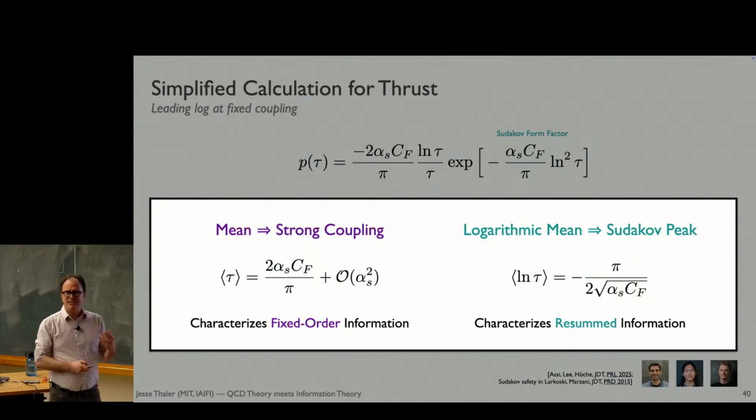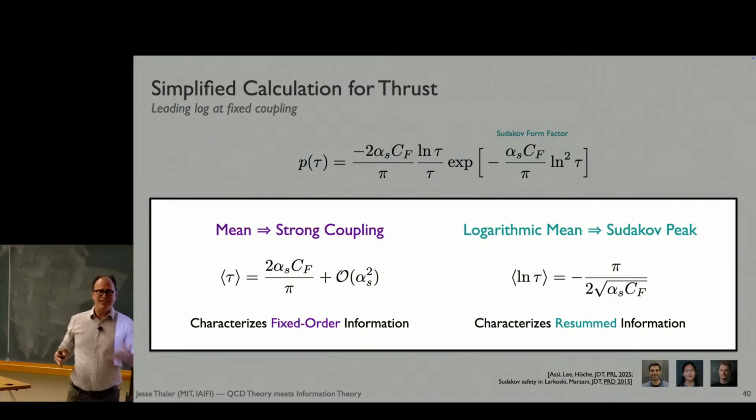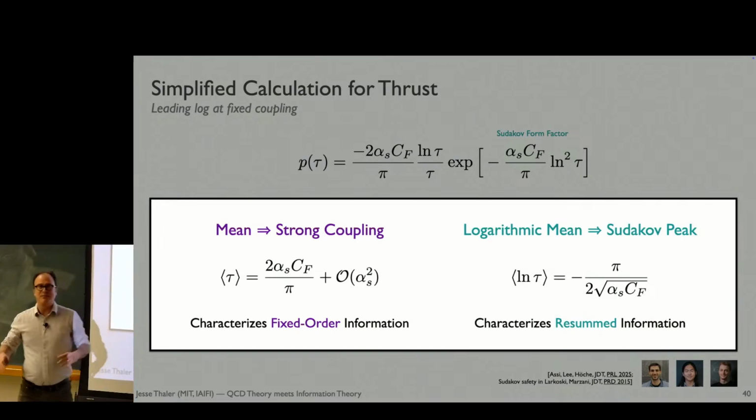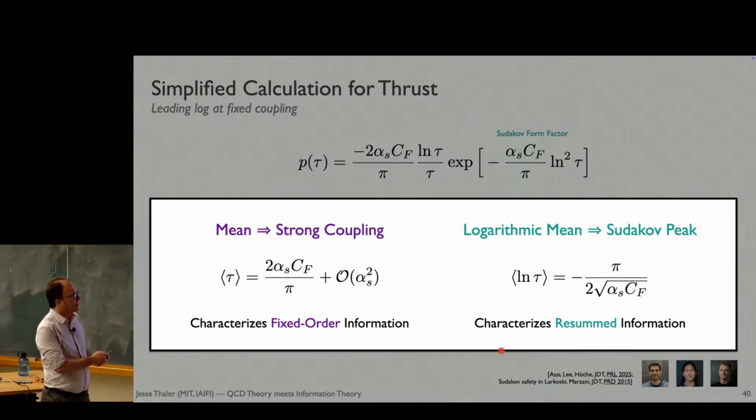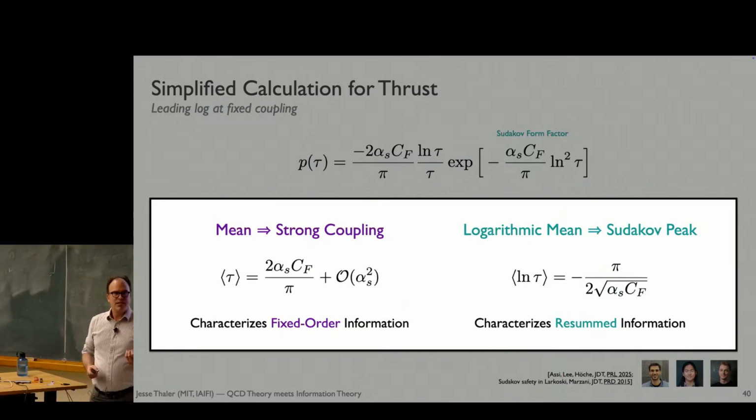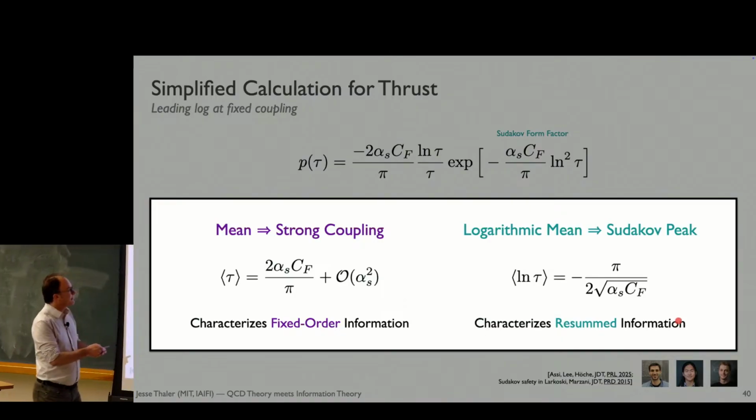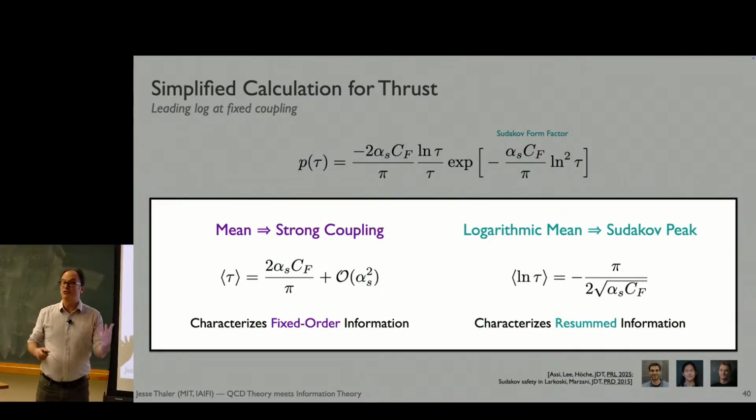This is very weird to a QCD person. You have a 1 over the square root of alpha s. And 1 over the square root of a coupling isn't supposed to happen in a fixed order expansion. And indeed, it doesn't come from a fixed order expansion. It comes from this resummed Sudakov form factor. This is a way of characterizing resummed information. So these two different ways of characterizing the distribution have a different interpretation in terms of the type of QCD calculation you should do.